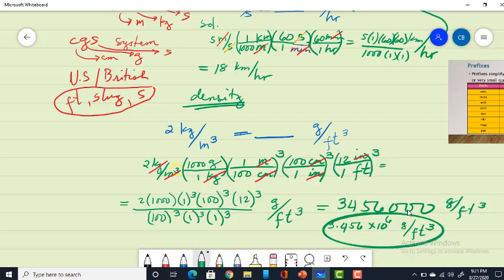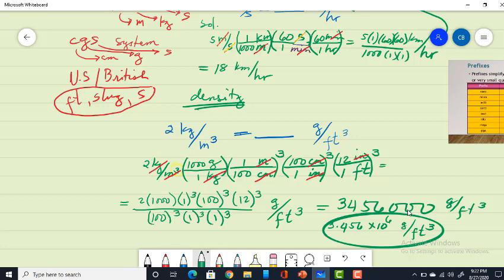What if the unit is not raised to power 3, not in cube, but in meter square, like in area? Example, the force per unit area, the density is only in meter square. So instead of writing 3 in here, to cancel out, you need to write 2.